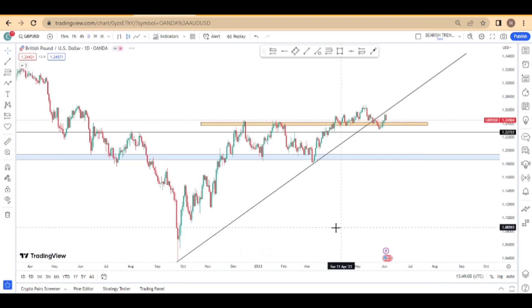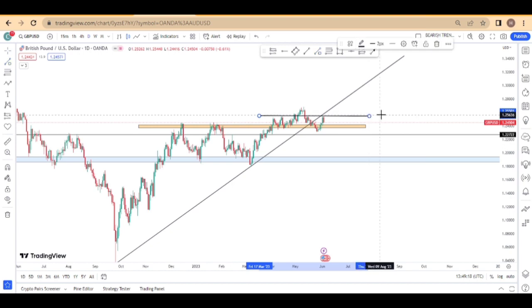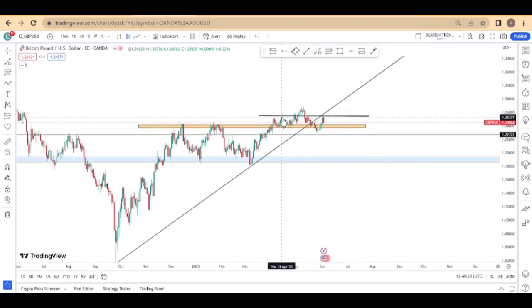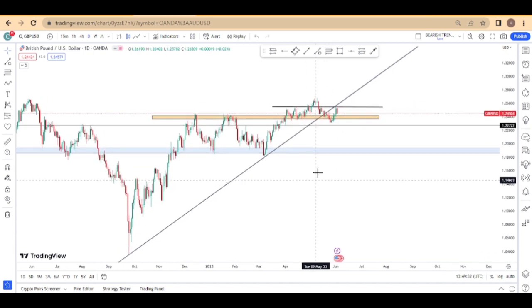Yes, so what I'll be looking out for on GBPUSD is this. If you look very clearly, you see that the market made this left shoulder around here, made the head, and made a right shoulder around here too.